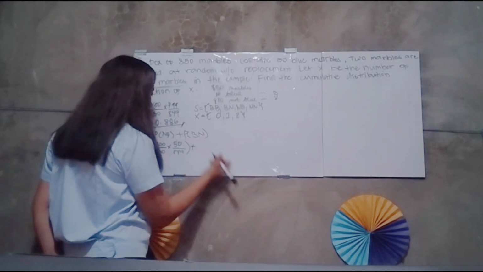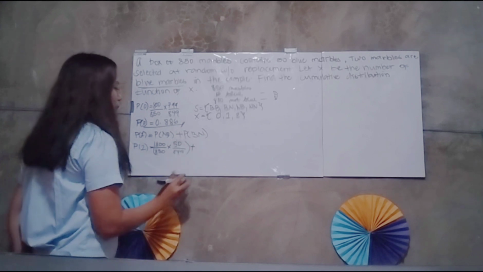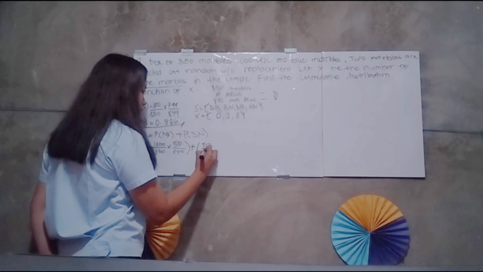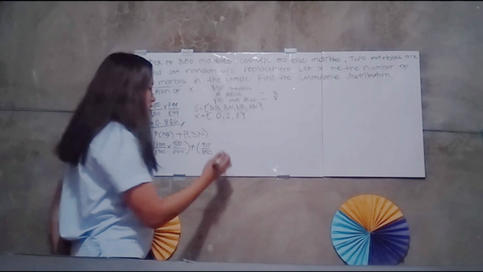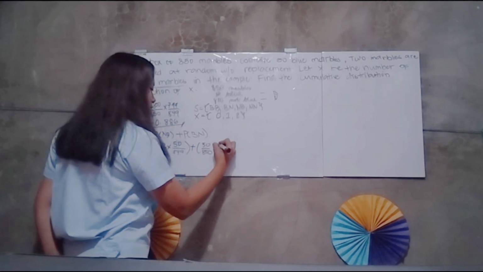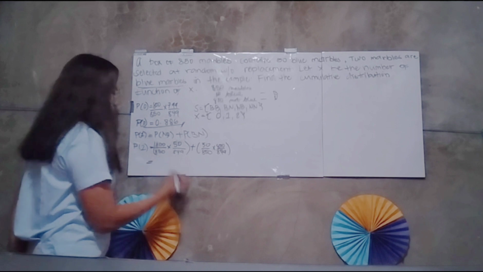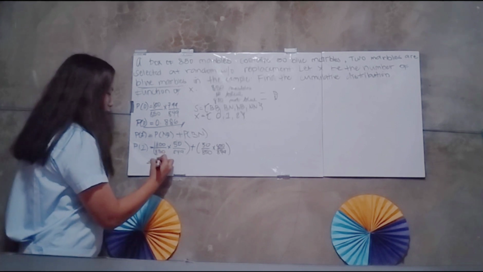Plus BN, we have 50 blue marbles over 850 marbles multiplied by 800 marbles over 849 marbles. Total of 0.111.